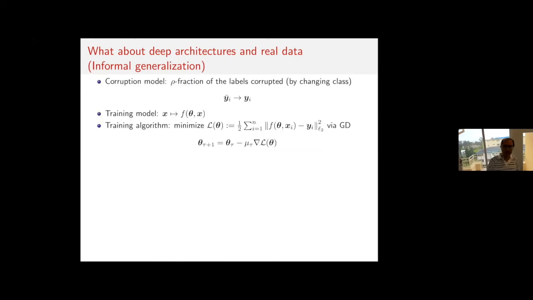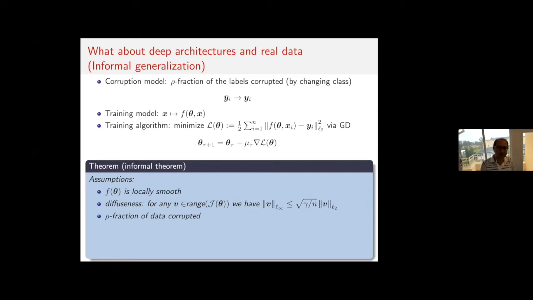Basically, if you have any nonlinear model, or in fact even a linear learning model, as long as you have some assumptions on this function, which is essentially that the function has to be smooth, and the Jacobian in some sense has to be low rank and diffused, then if you corrupt a fraction of the data, you get the same conclusion in generality.